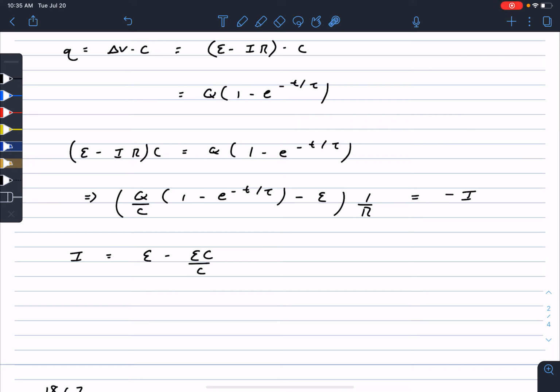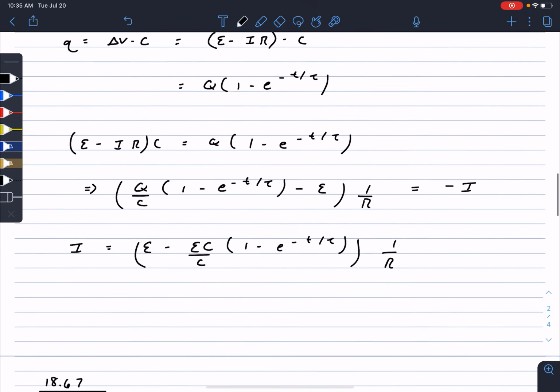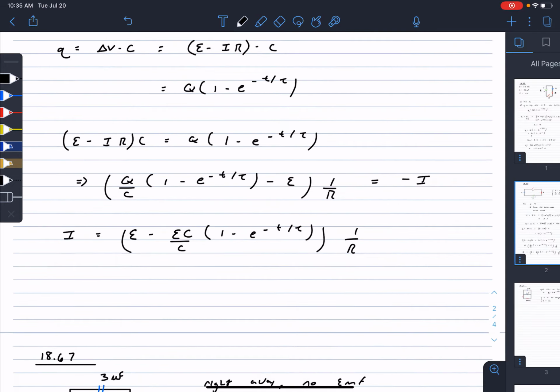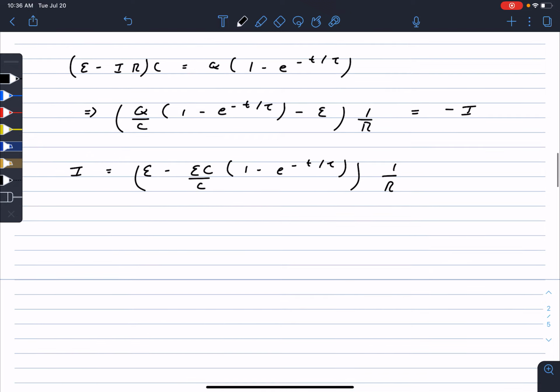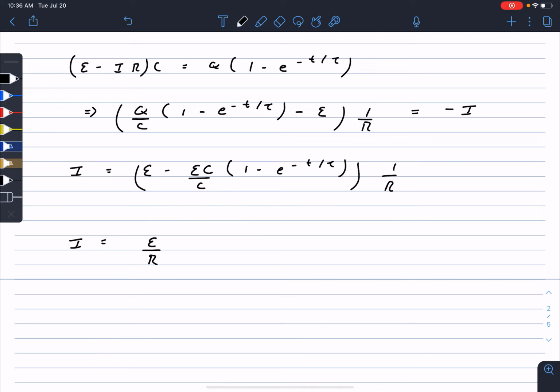We'll call this epsilon C over C, and then 1 minus e to the negative t over tau, all over R. So if we're rewriting this, then current is equal to epsilon over R times (1 minus 1 plus e to the negative t over tau).